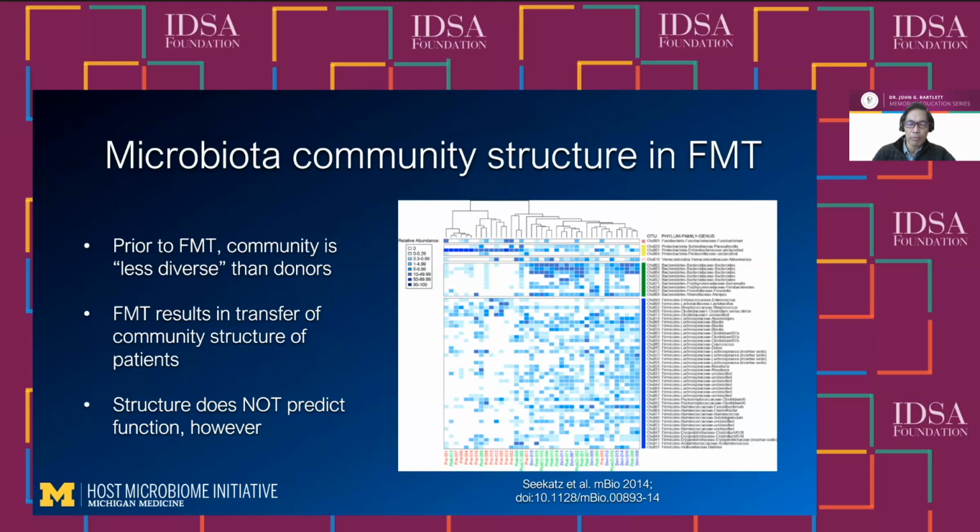The organisms that are present are not the ones that are found in healthy individuals. And indeed, when we did treat patients with fecal microbiota transfer, there was a transfer of the community structure. However, and the details again are in this paper, the structure does not predict function. There were 2 patients that failed, and we could not predict that based on them having a lower diversity microbiota after fecal transplant.